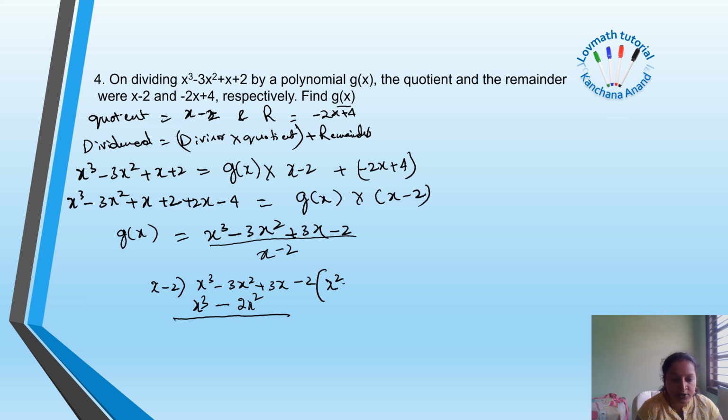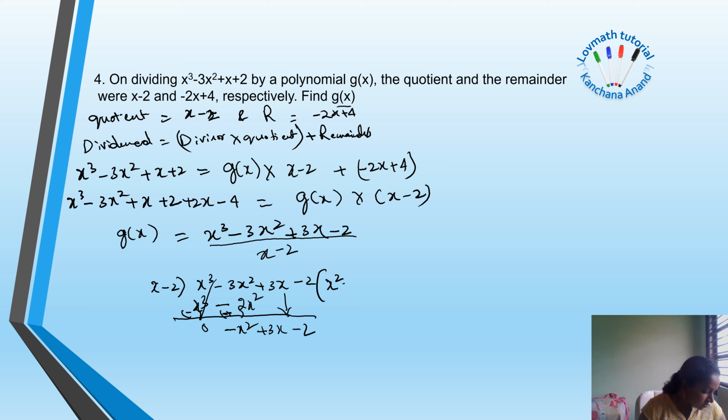Now let us subtract this. +x^3 becomes -x^3 and -2x^2 becomes +2x^2. Now x^3 - x^3 becomes 0, and -3x^2 + 2x^2 is -x^2. And now let us take the remaining terms for further division, that is +3x - 2.